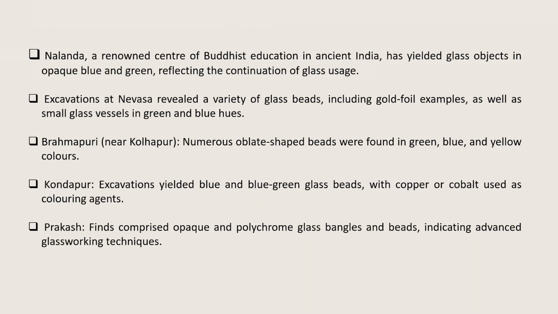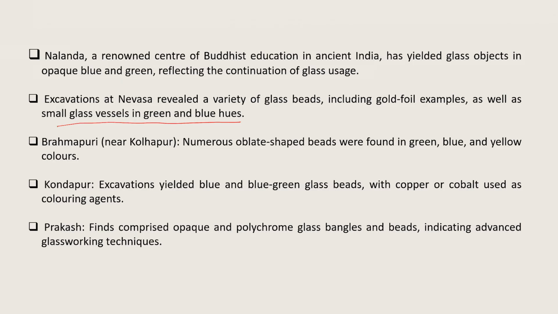Now, other archaeological evidence from Nalanda, a renowned center of Buddhist education in ancient India, has yielded glass objects in opaque blue and green, reflecting the continuation of glass usage. Excavation at Nevasa revealed a variety of glass beads including gold foil examples as well as small glass vessels in green and blue hues.